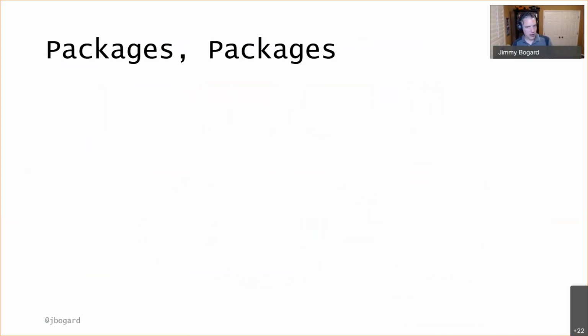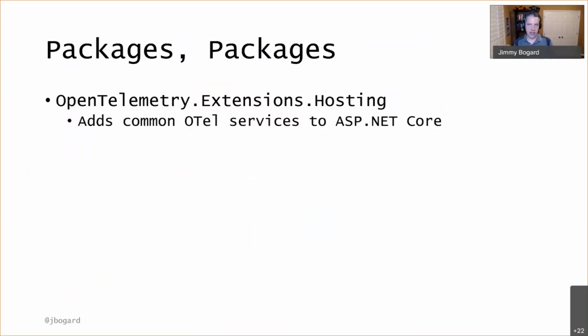The first one we're going to need is the hook for OpenTelemetry into ASP.NET Core. So this is the OpenTelemetry extensions hosting project. And all this is the ability to say services.add OpenTelemetry, and then from there I can register individual extensions to OpenTelemetry, both on the instrumentation side and the exporting side.